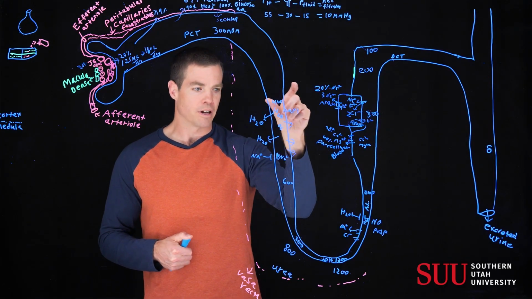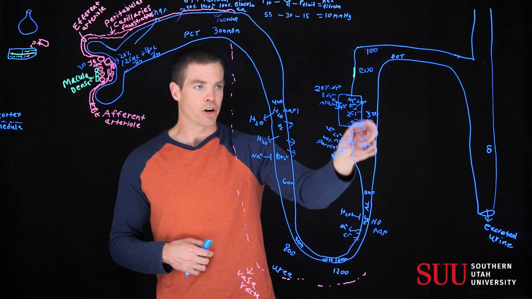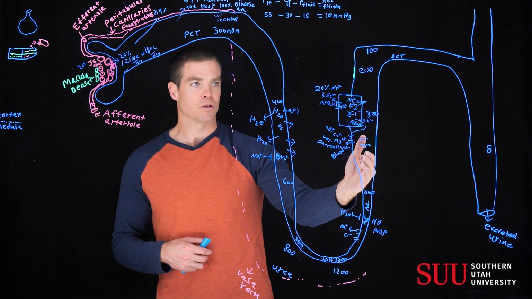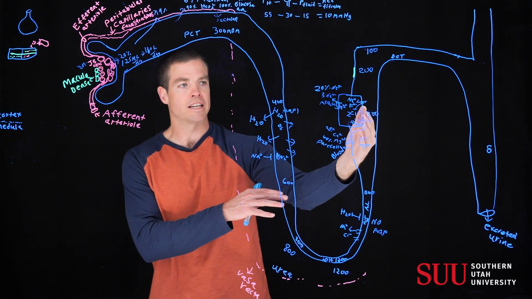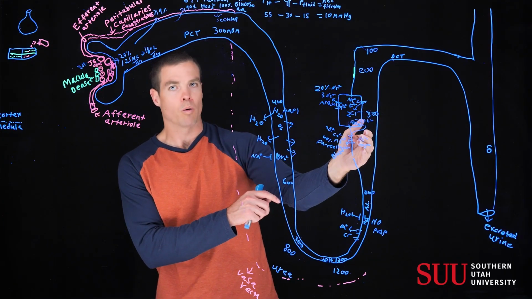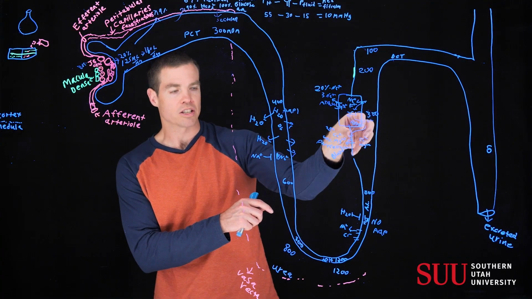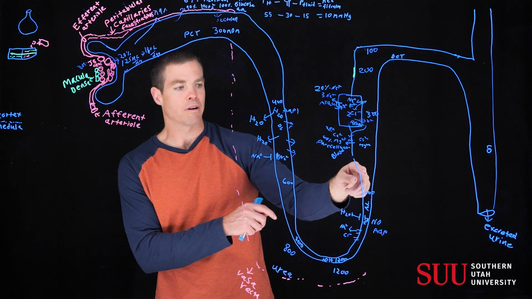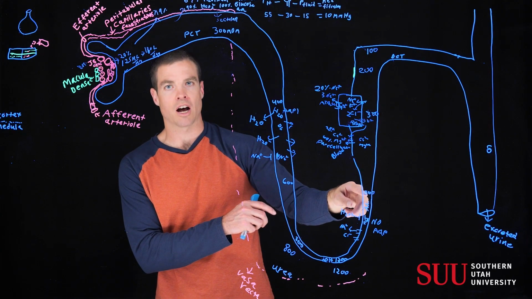Okay, so again, we want to make sure we understand there are no aquaporins right here. And that's going to make it so that as you start pumping ions out of the water, or out of this lumen, what's going to happen? The water stays in here, and you pump the ions out, so the gradient is going to start decreasing, the osmolarity.